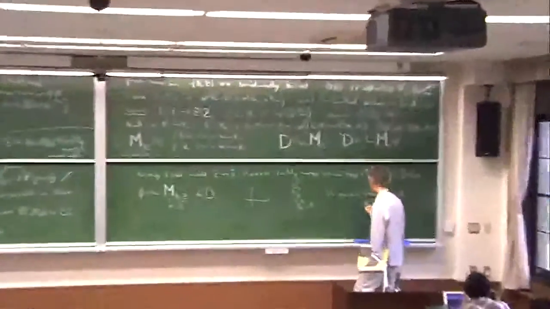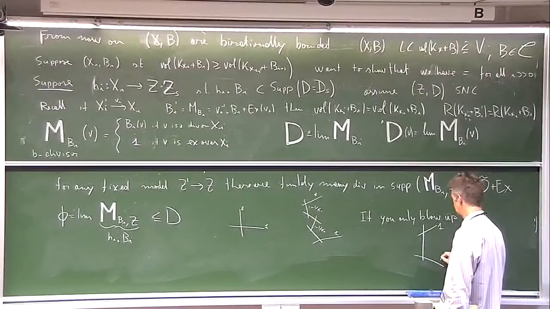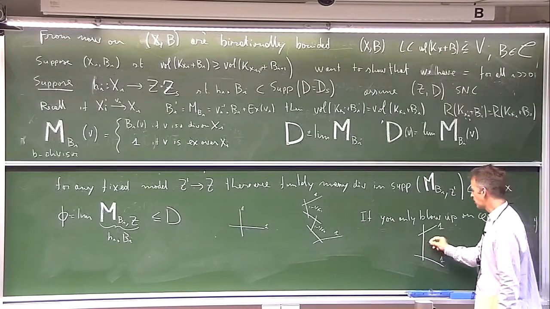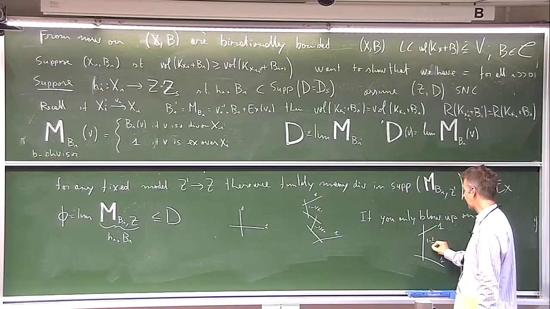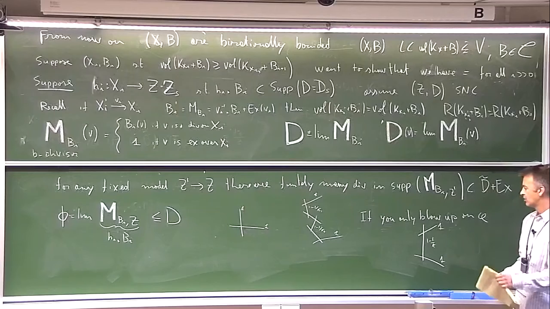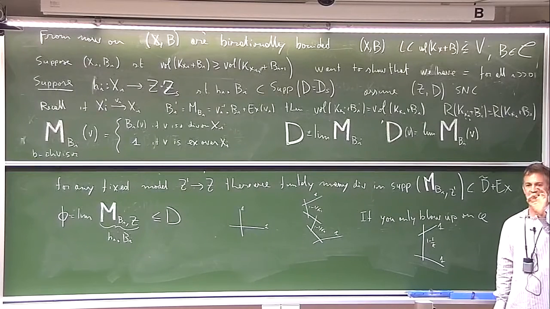If you only blow up once, you only get one new divisor. If you put 1, you get the same volume. So what are your options? You could put 1 minus 1 over k here. This may decrease your volume. So let's say I put 5/6, and that decreased my volume.